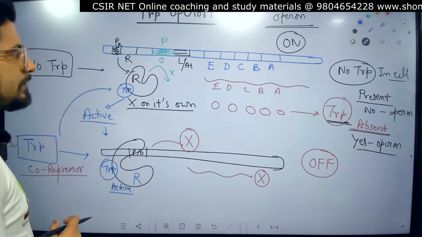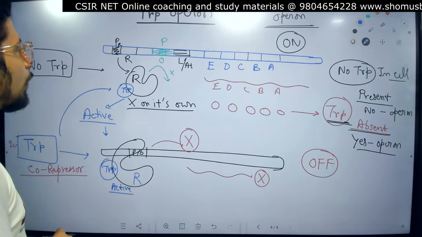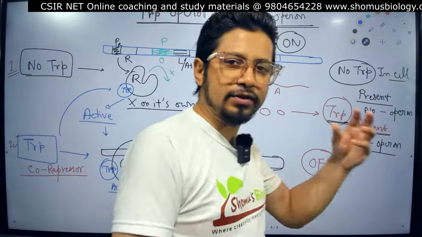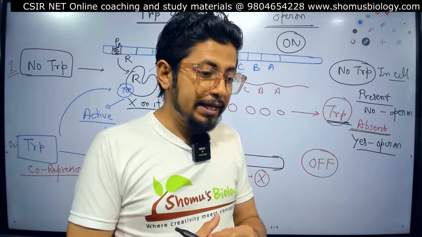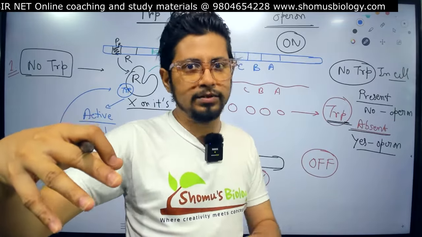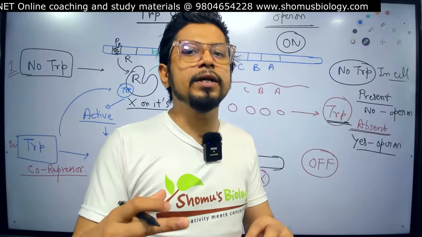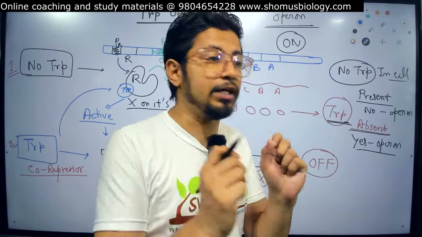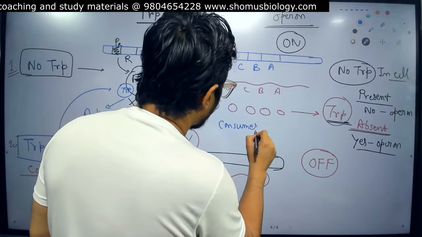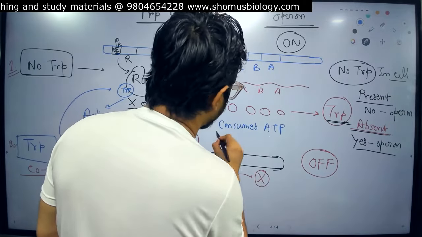Sometimes what happens is, when they produce this EDCBA, all the structural gene products, the proteins, this is an anabolic pathway. We are producing something from scratch, and in any anabolic pathway where we are producing something, it consumes a lot of energy, as ATP.